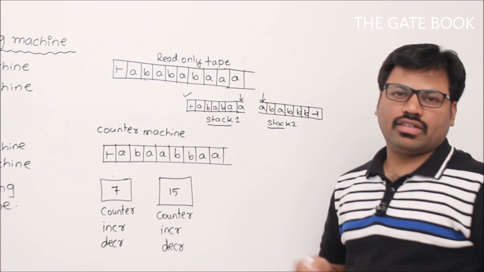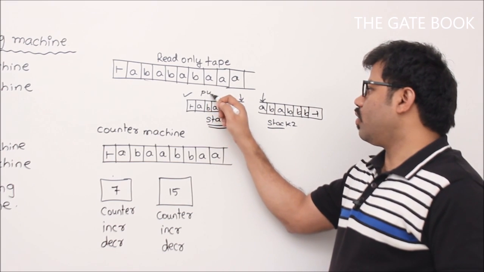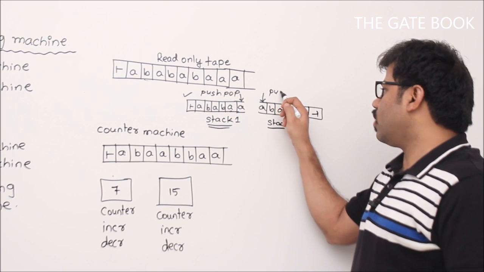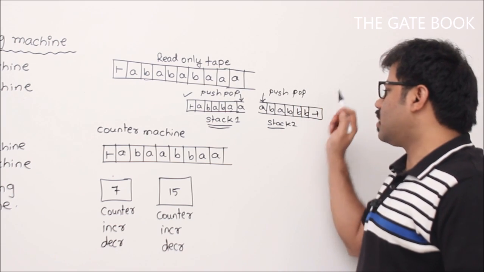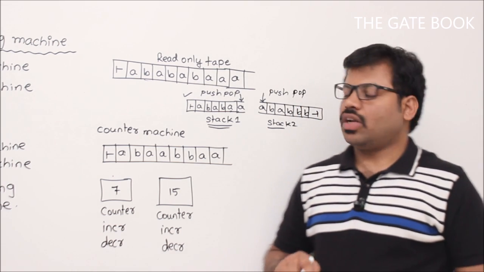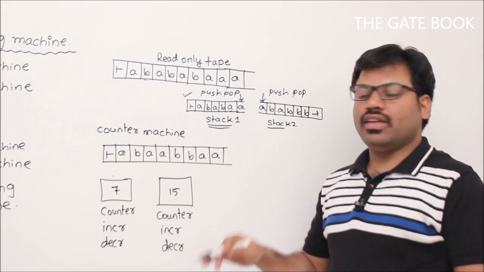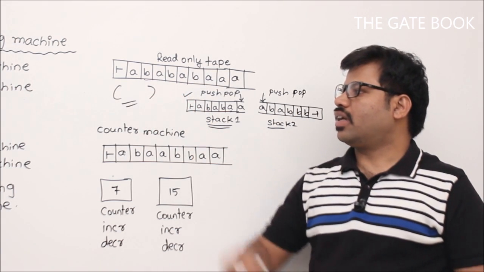This is also a stack, the basic data structure stack, okay? So here you can do push and you can do pop and you can check whether the stack is empty or not. Similarly here also in the other stack we can do push operation, pop operation, and you can check stack empty or not, okay? Now such stacks are available with you and you have only a read-only tape, then using such machinery you can simulate that Turing machine.